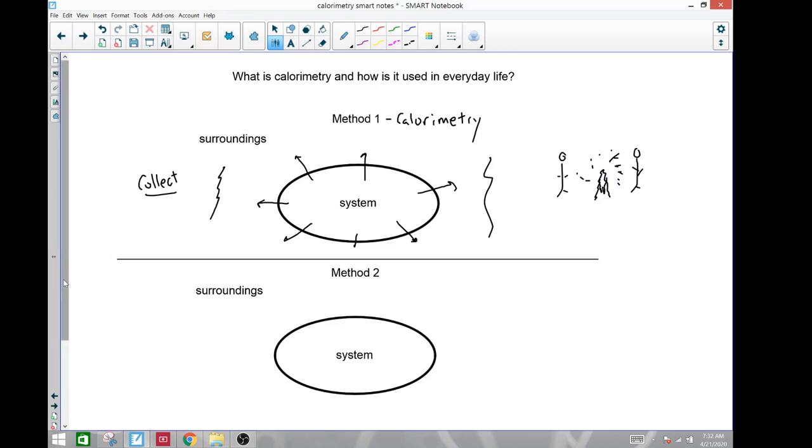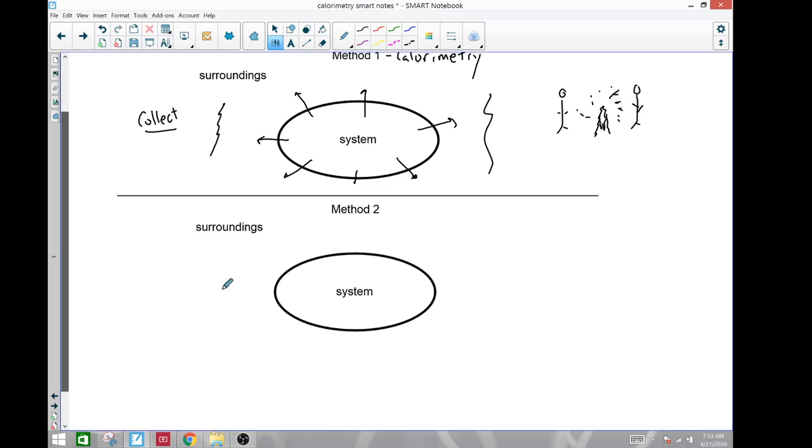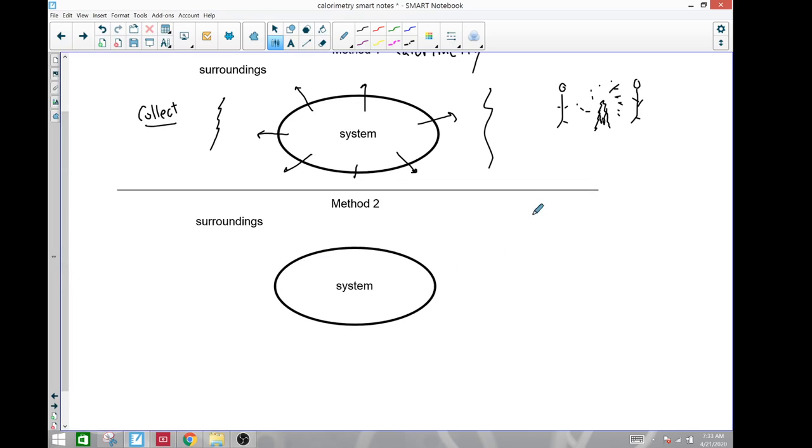Just a brief description of this. This is coming off the idea of conservation of energy, that energy cannot be created nor destroyed. So technically, this is a different idea.